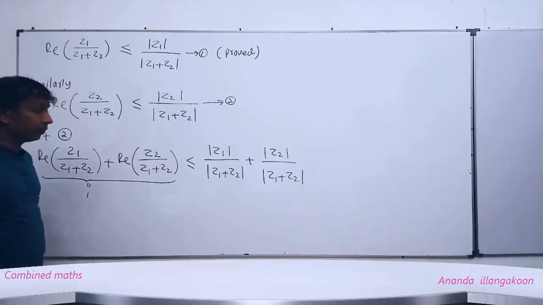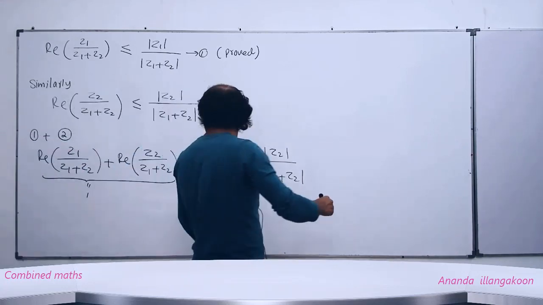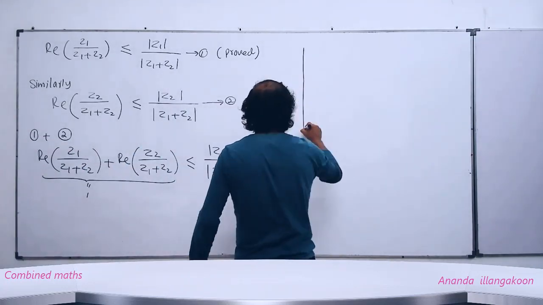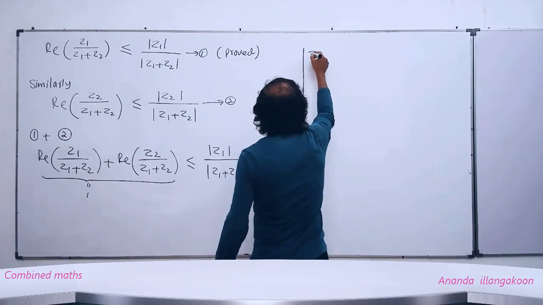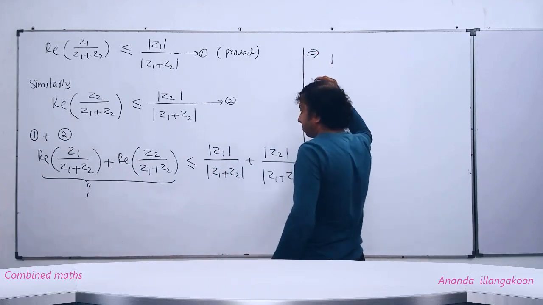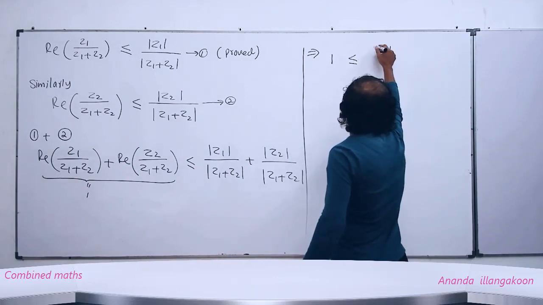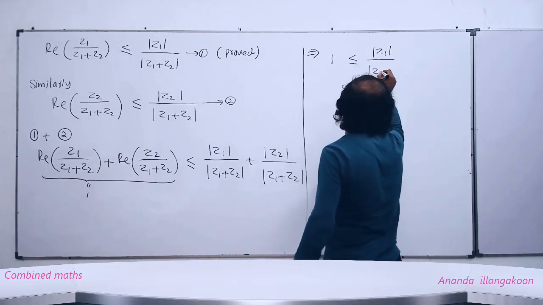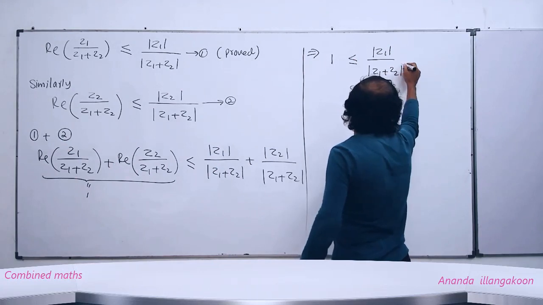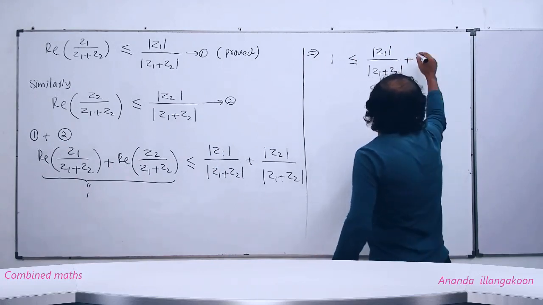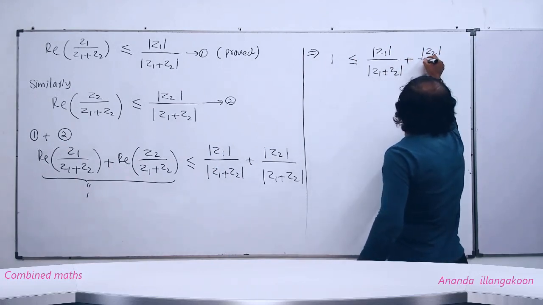Then I can put 1 here, and this gives us 1 less than or equal to mod Z1 divided by mod Z1 plus Z2 plus mod Z2 divided by the same.